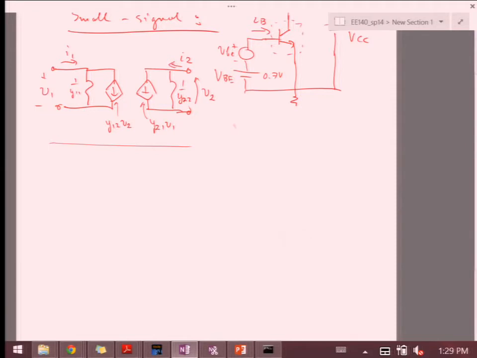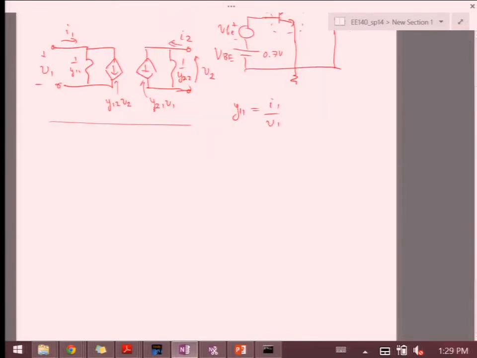Of course, let me just write it out for you, how these are derived. So just looking at this figure, I can figure out what Y11 is, which is this resistor, by dividing I1 by V1 when this current source is not present, right? So to kill that current source, I have to say V2 equals 0.